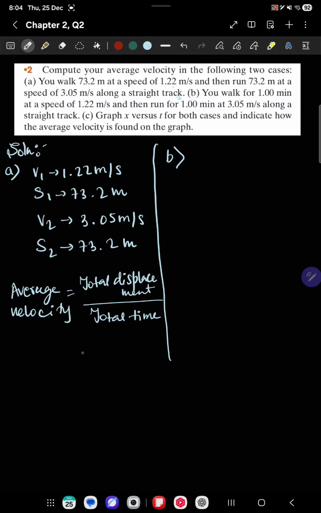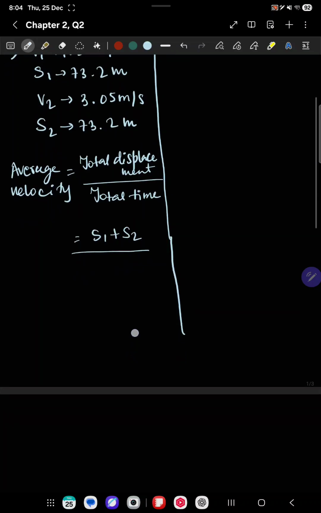So for total displacement we can write S1 plus S2, and for total time we can write S1 upon V1 plus S2 upon V2.